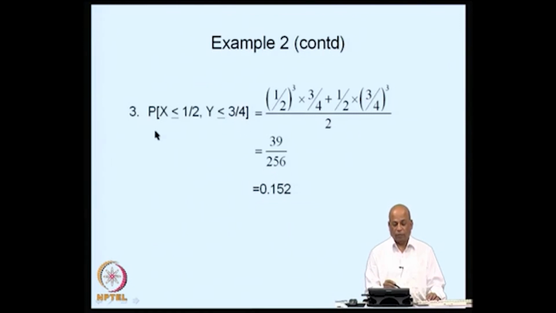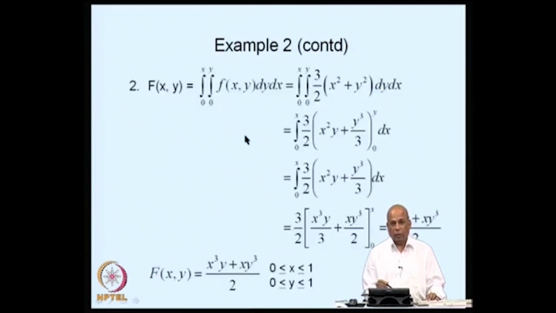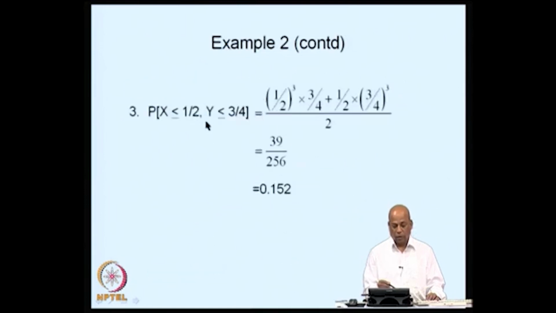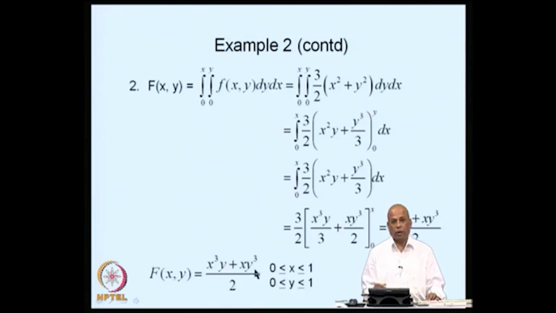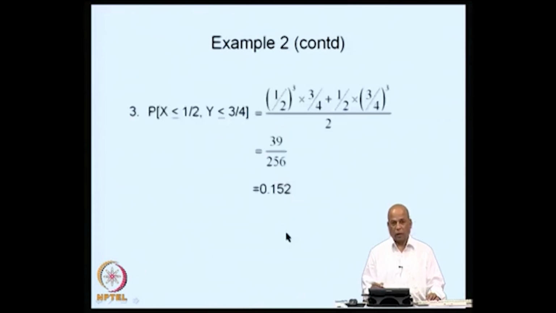Recall that the CDF provides us the probability of x being less than or equal to a specified value of x and y being less than or equal to a specified value of y. So, in the expression of the CDF we just obtained, we substitute x equal to 1/2 and y equal to 3/4, and we obtain the probability as 0.152.